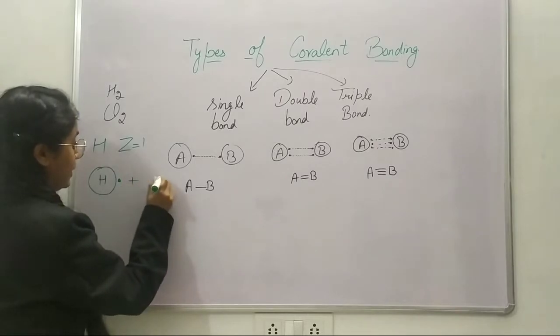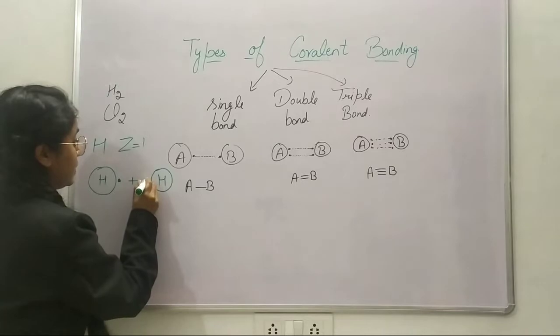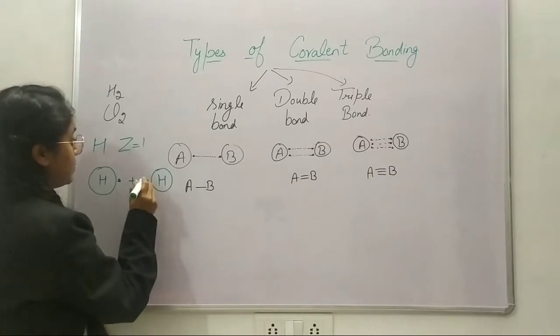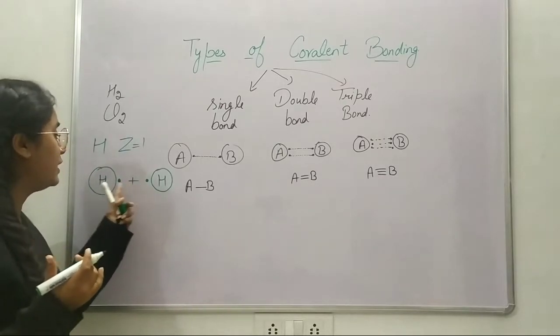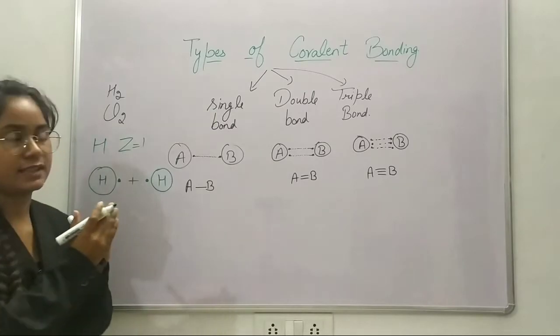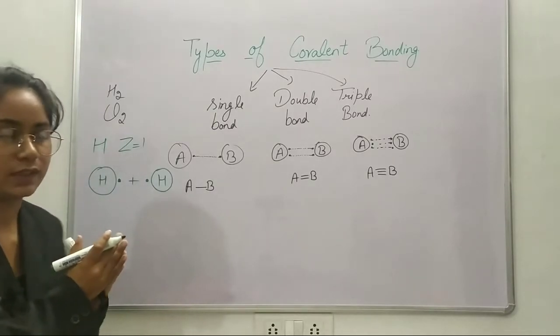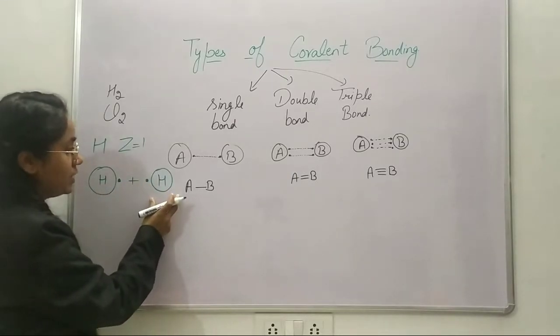So here you can see, now I am writing or denoting this one electron here. The reason is so that it would be easy for me to match them. Also the electrons should be facing each other. This is the rule. Now this hydrogen would make a bond with this hydrogen.